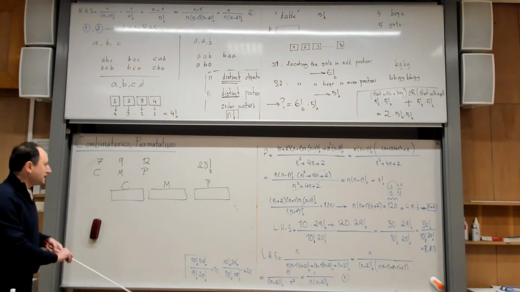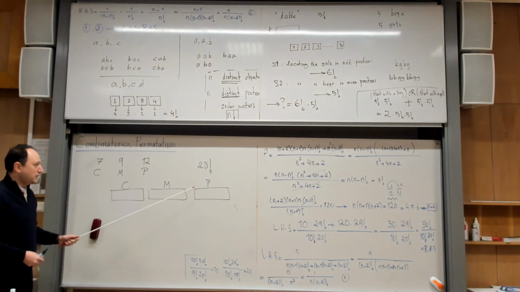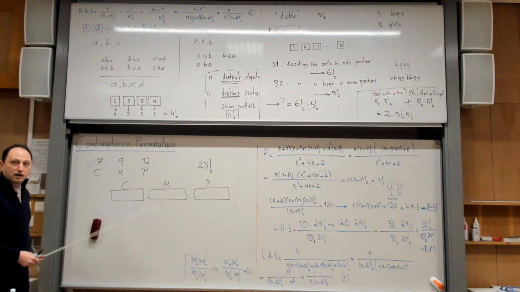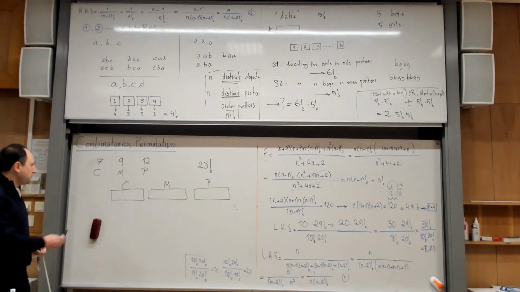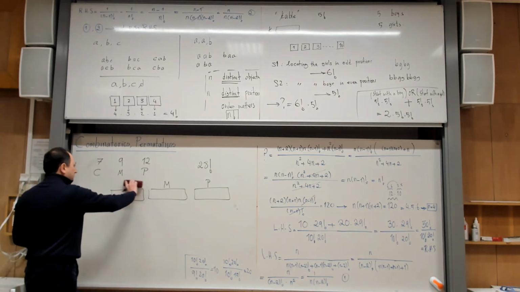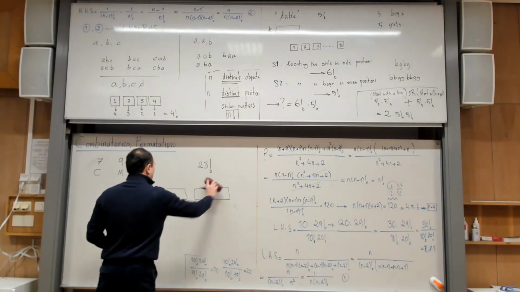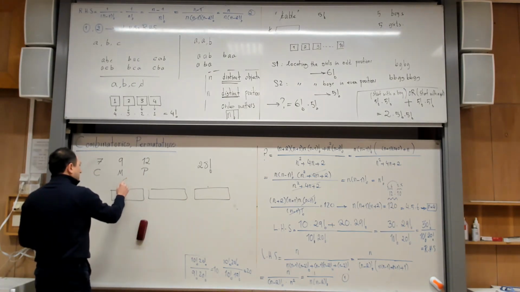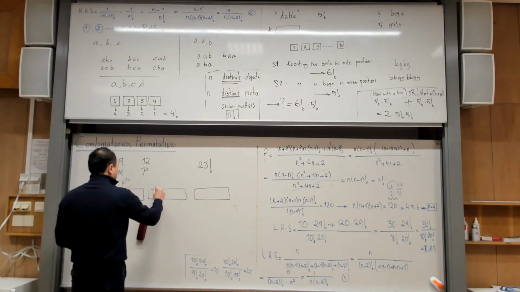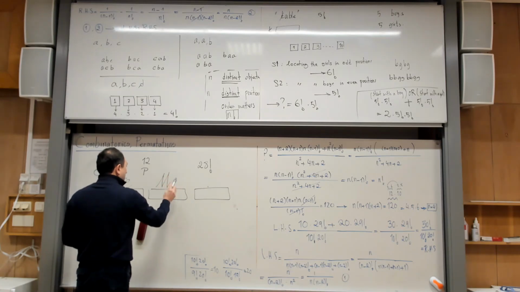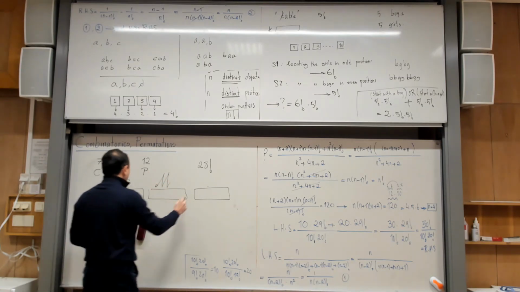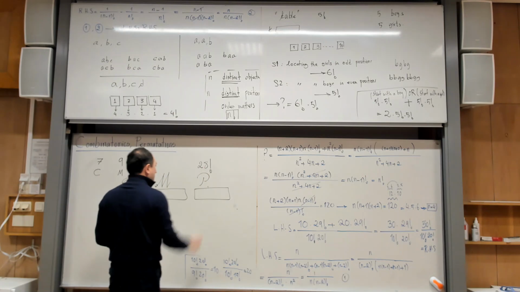So this is the way you need to think. How many objects do I have? Let me differentiate between these. This is C, this is M, and this is P, for example.